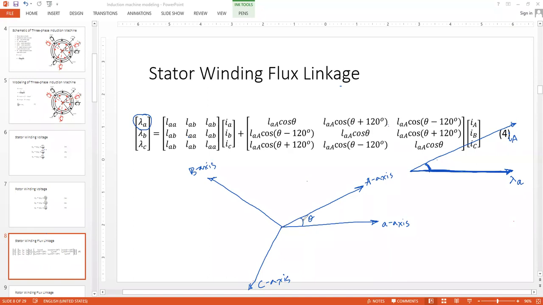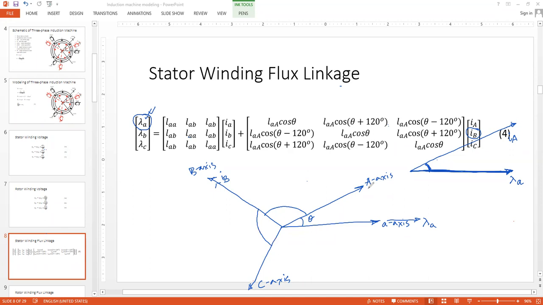So this was theta. Now lambda A and IB. So IB is flowing along this axis. I'm looking for lambda A along this axis. What is the relation? How much is this? And how much is this?